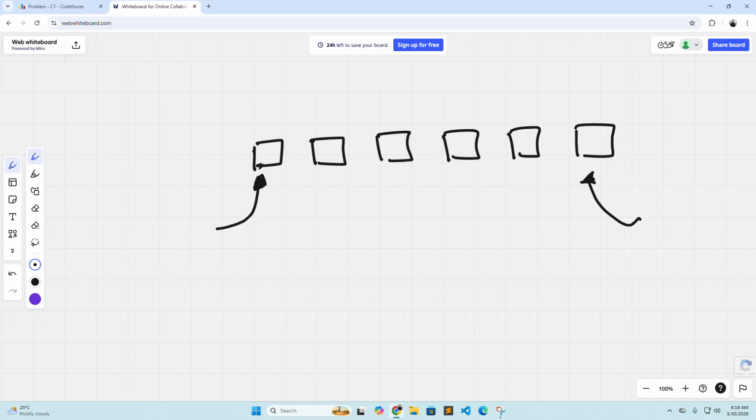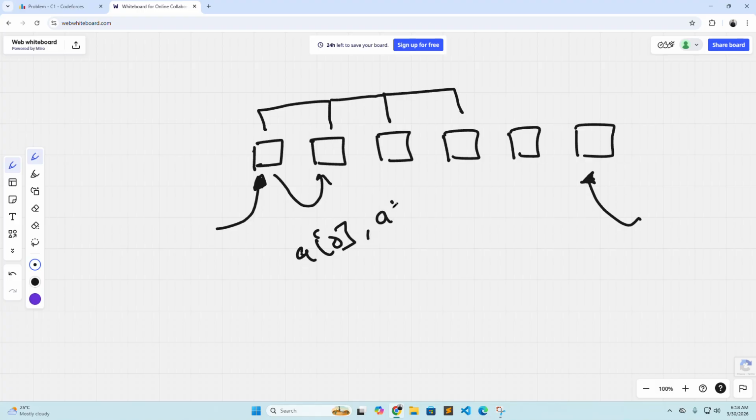For the first index, its GCD is taken only with the right side elements. So let the GCD of a0 and a1 equal x.